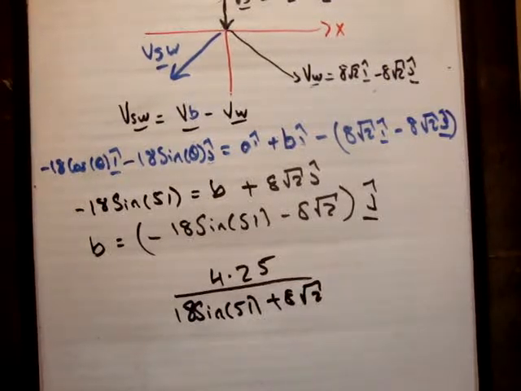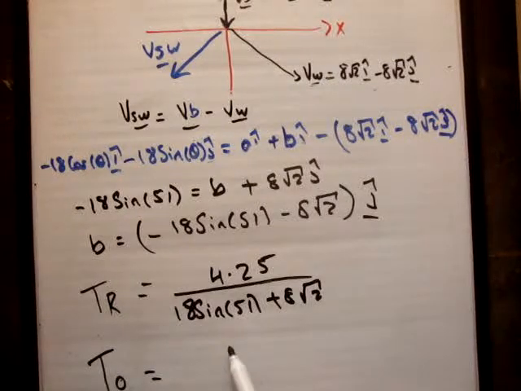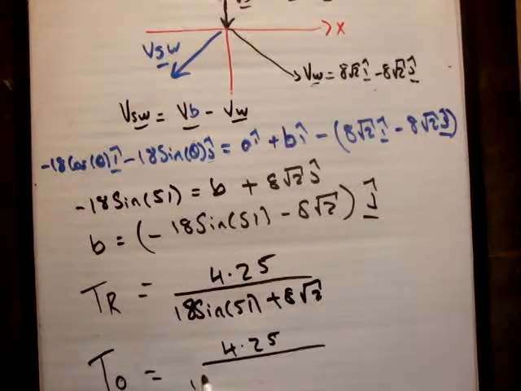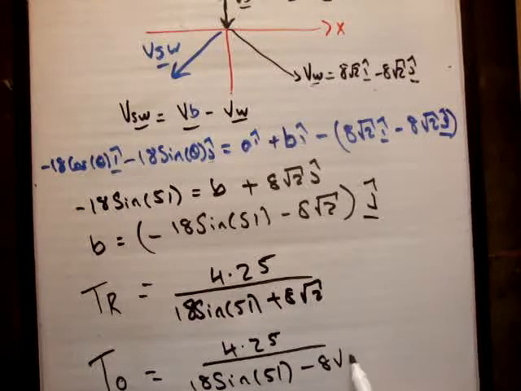That's a positive number, and that's going to be equal to T return. And T outwards was, if I remember correctly, 4.25 divided by 18 sine 51, this time minus 8 root 2.